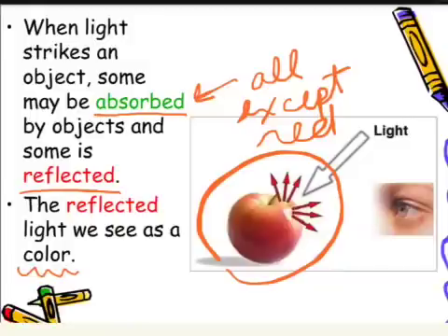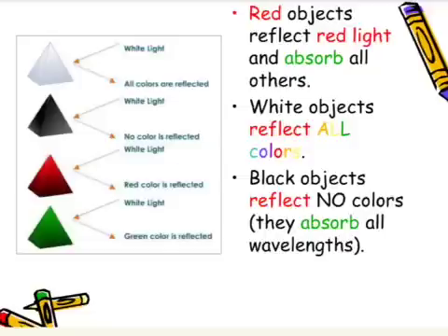And so the red is being reflected, and it reflects right into our eye and we see it as red light. So every object, the color it appears is the color it doesn't absorb. It's the color it's reflecting. So red objects are red because they reflect red light and they absorb all the other wavelengths.